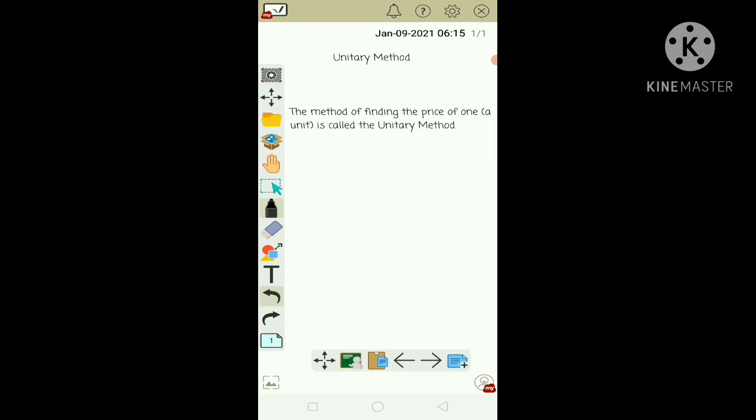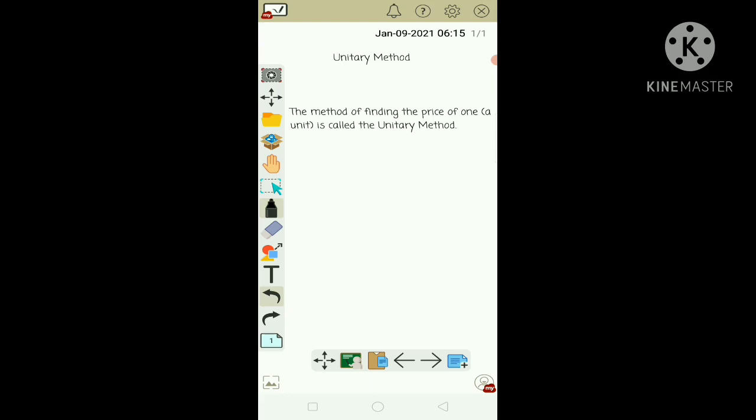First they gave 5 pencils; each pencil is 4 rupees. They have drawn the picture of a 2 rupee coin. So 5 pencils cost 4 rupees each, so the total cost is 20 rupees.